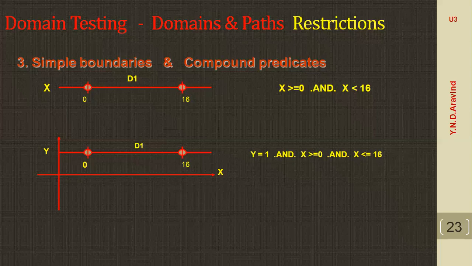So here, another example, the compound predicate y is equal to 1 and x greater than or equal to 0 and x less than or equal to 16. So here x greater than or equal to 0, x less than or equal to 16.